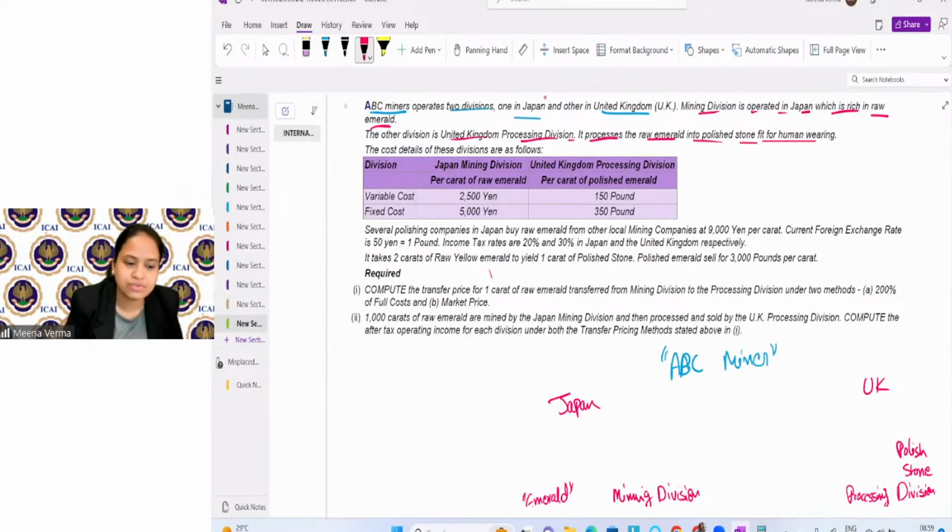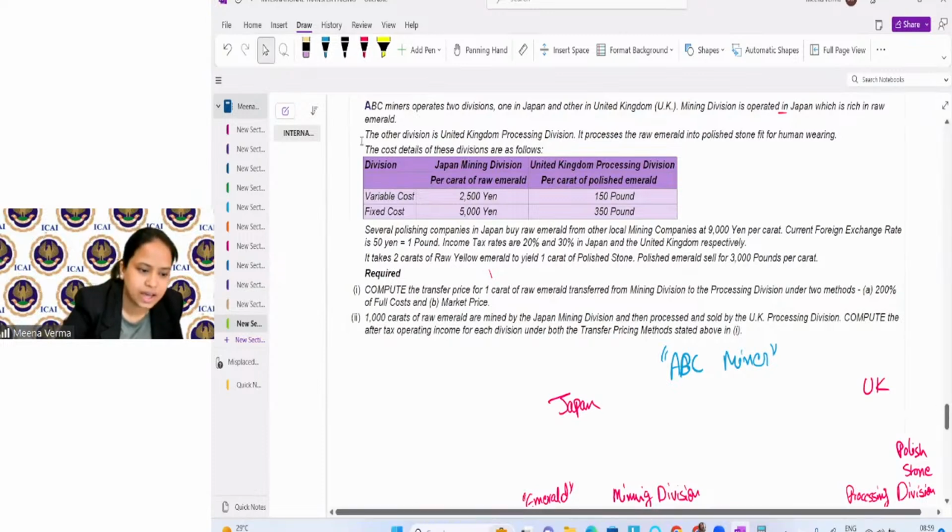The cost details of these two divisions are as follows. What are the cost details we have here?